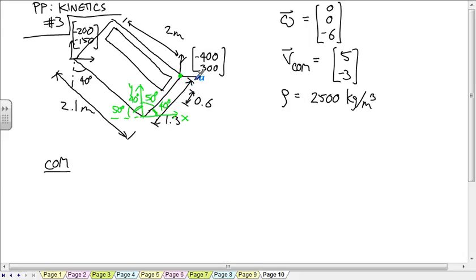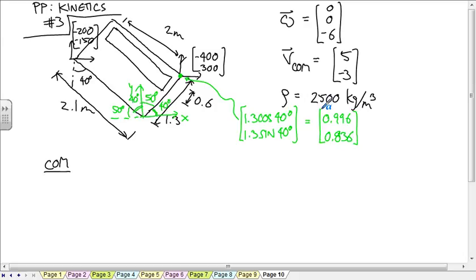Okay, so the length of that side is 1.3. So the coordinates there are 1.3 times cosine of 40, 1.3 times sine of 40. Can someone calculate those? 0.996, 0.836. Okay. And let's figure out the vector from here to here.